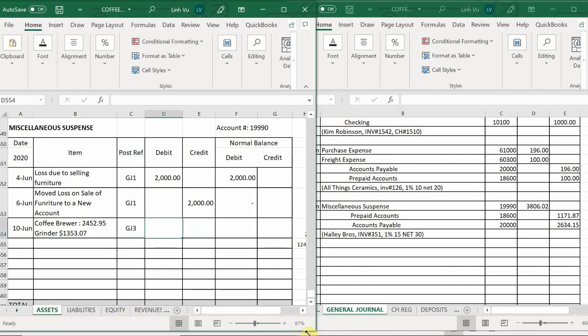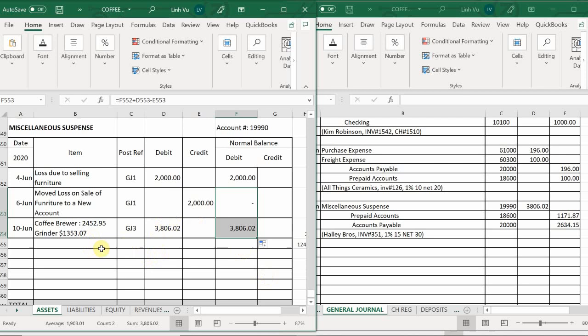And we're going to increase my miscellaneous suspense account by $3,806.02. So therefore, what's my account balance now? 3,806.02. Good.